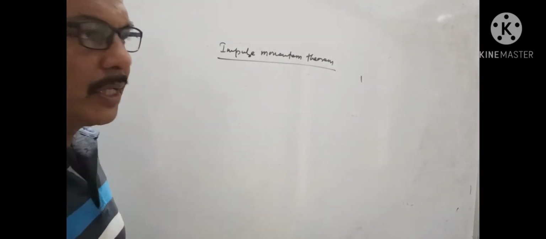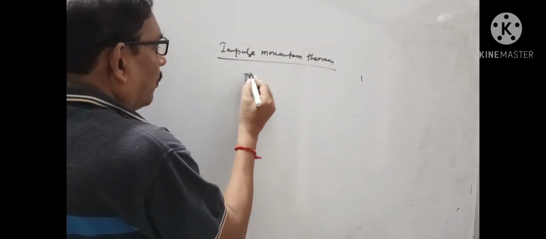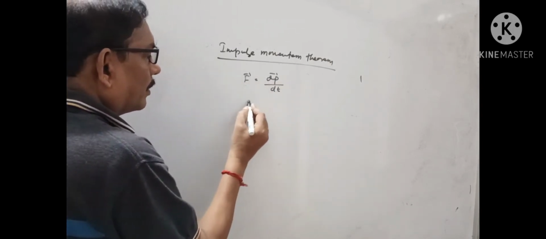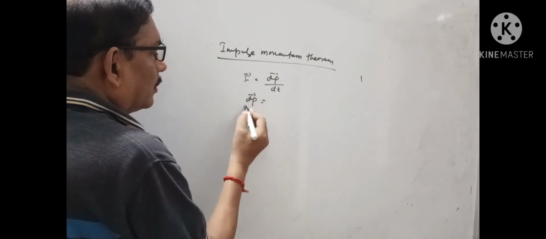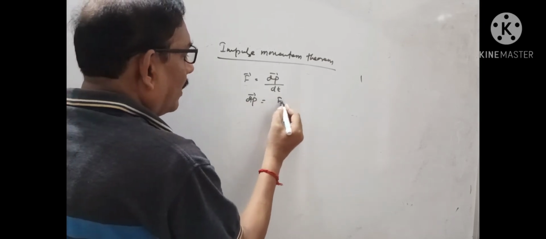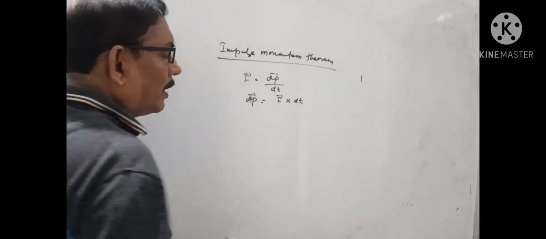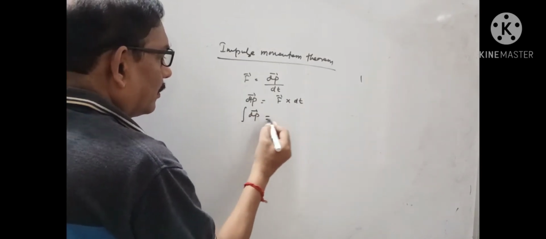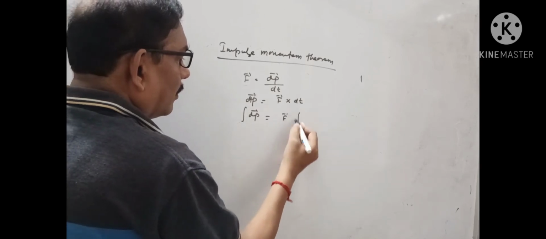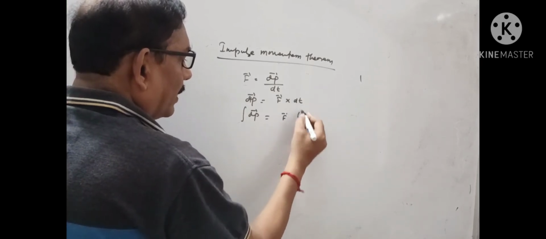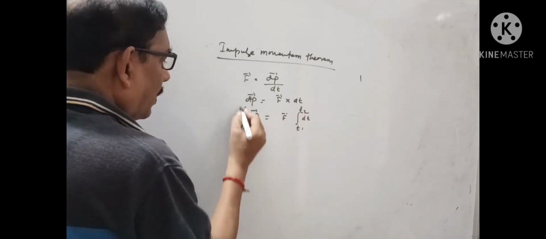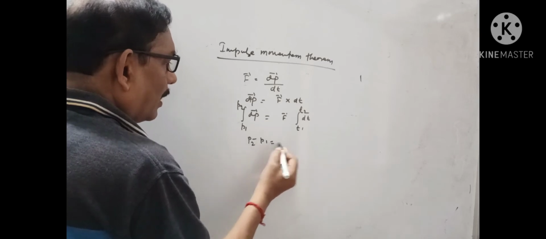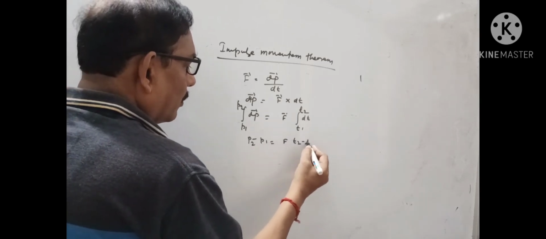According to Newton's second law of motion, force is equal to the rate of change of momentum. So change in momentum is equal to force into small time interval dt. Taking integration from time interval t1 to t2, momentum goes from p1 to p2. It becomes p2 minus p1.